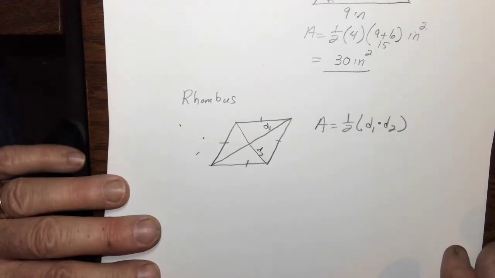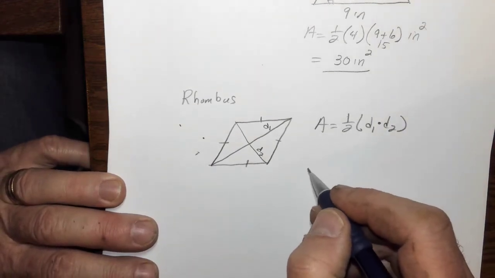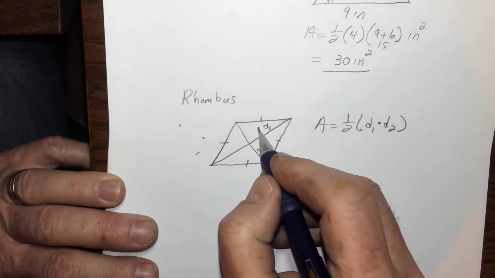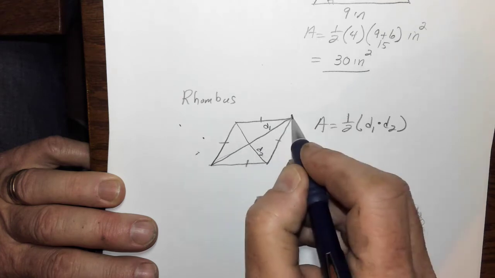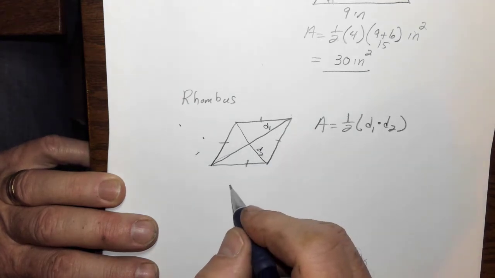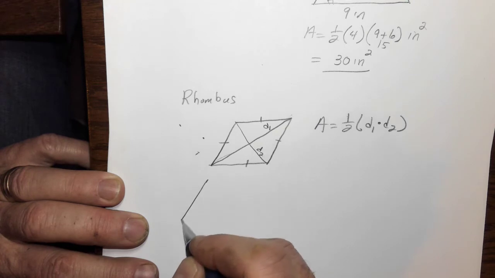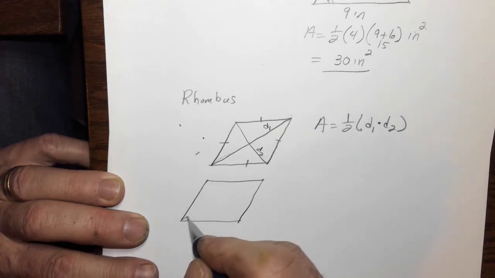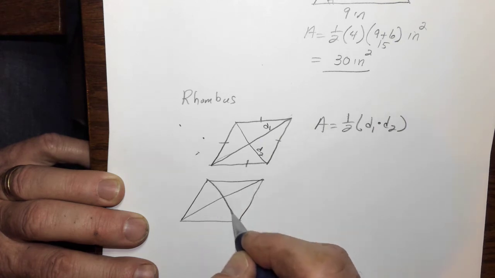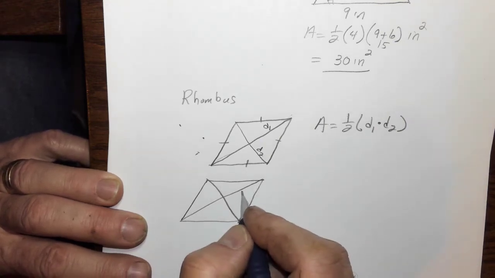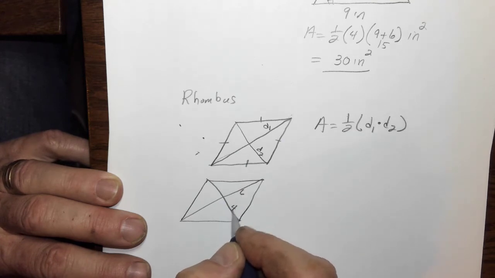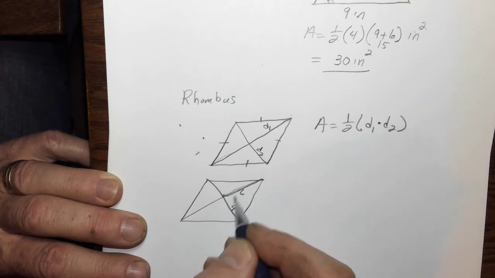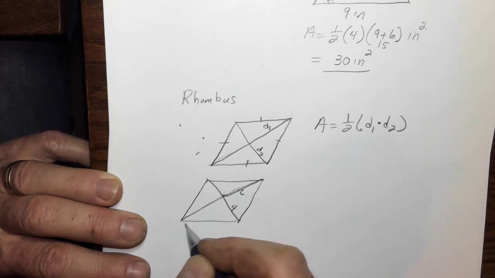Let's do a couple examples. Let's do one real quick here. Let's say I had this rhombus, there's the two diagonals. Let's say I told you that this was 6 and this was 4. So this length right here is 6. That means this whole diagonal has a length of 12.